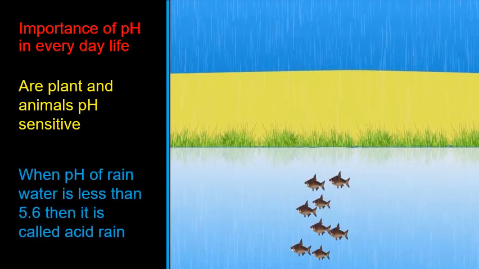When the pH of the water is less than 5.6, it is called acid rain. So we say the rain is acidic if the pH is less than 5.6.